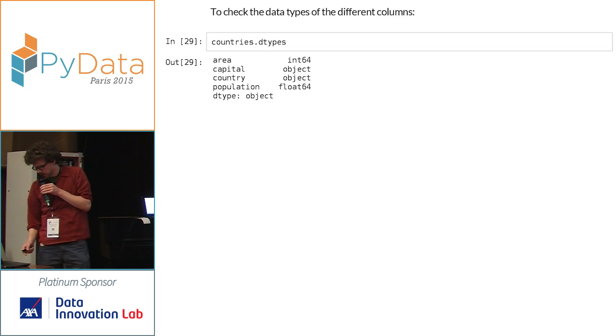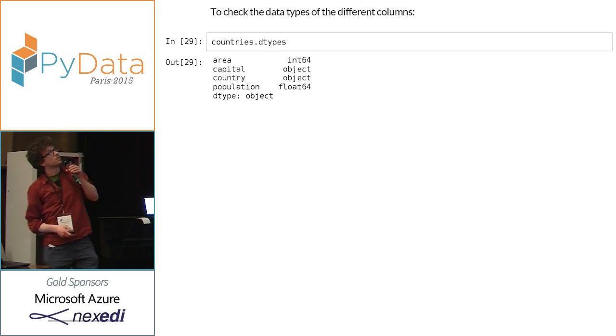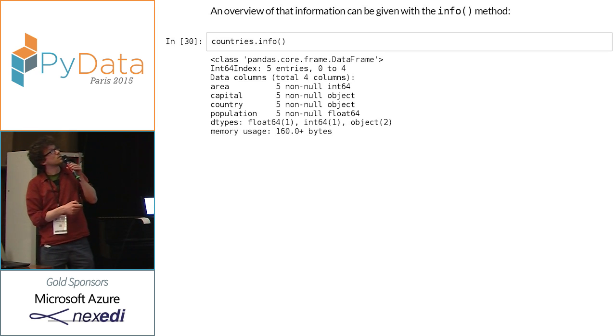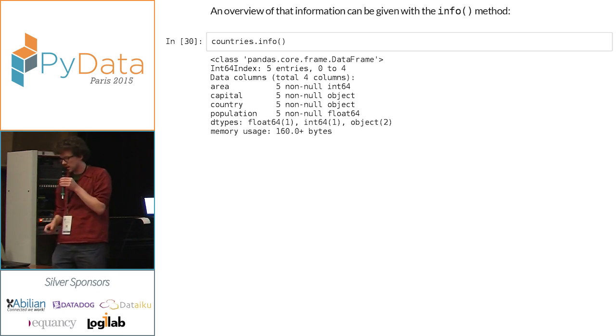You also have a dtypes attribute, which gives you the different dtypes of this data frame. You have the info method, which gives you an overview of the data frame: what index it has, the different columns, the different data types of those columns, how many values, and things like that.